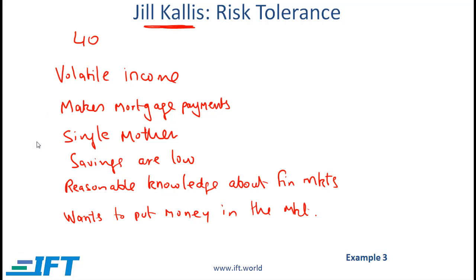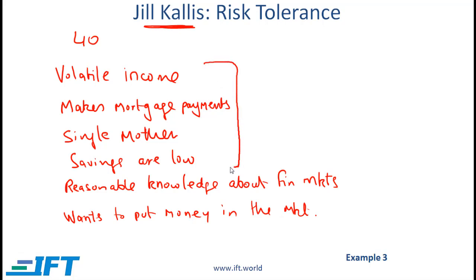She is a single mother and spends money on her children. A significant percentage of the expenditure goes into paying for the education of her children. Her savings are relatively low, but she is reasonably knowledgeable about financial markets and wants to invest in the stock market because she thinks that the stock markets are going to give her the best return.